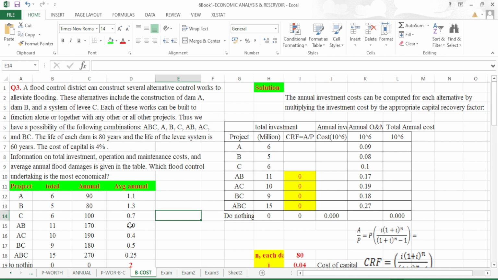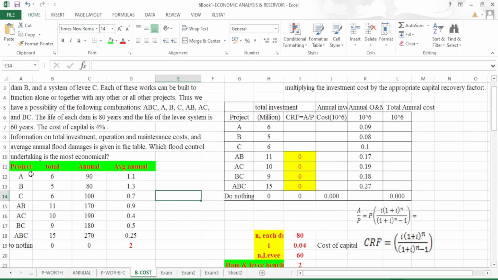As you see, all information is given for projects A, B, C, AB, AC, BC, and ABC. Total investment cost is given in millions. For project A, the total investment cost is 6 million. For project B, the total investment cost is 5 million. The annual operation and maintenance cost data is given here in thousands.